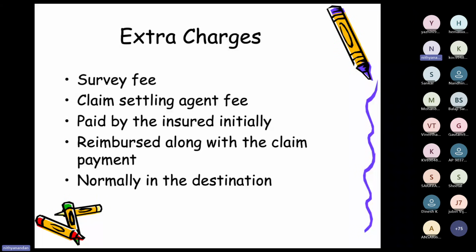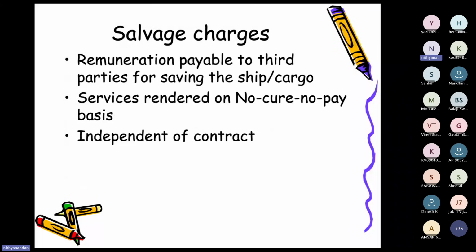Now come to salvage charges. What are salvage charges? Salvage charges are the charges payable to independent agencies who come to save a sinking ship. Some keywords: independent of contract.